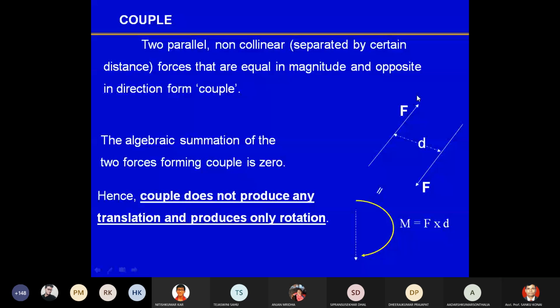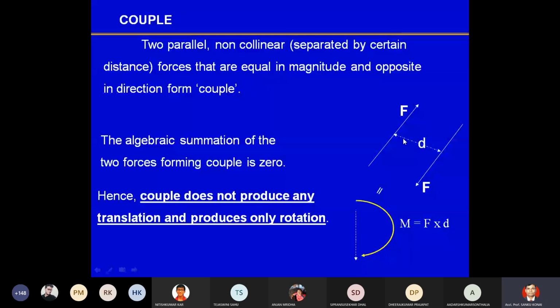The effect of these forces is a couple. A couple is similar to a moment. If you have a bar and apply force here and force here, that bar will rotate about its center. Hence the couple does not produce any translation.